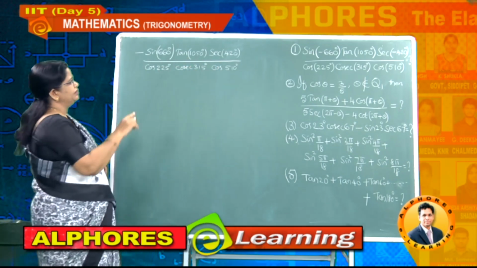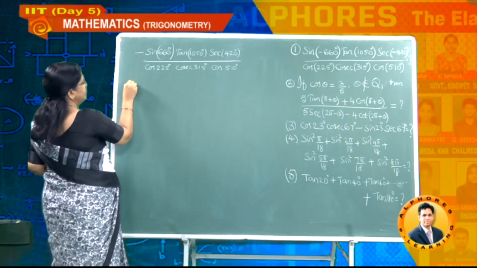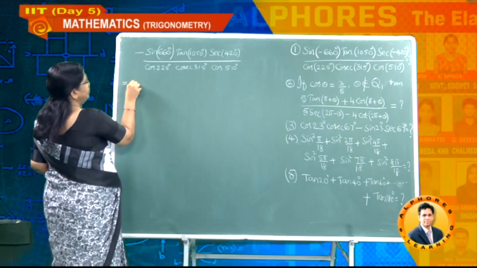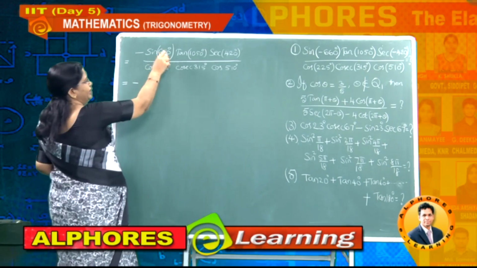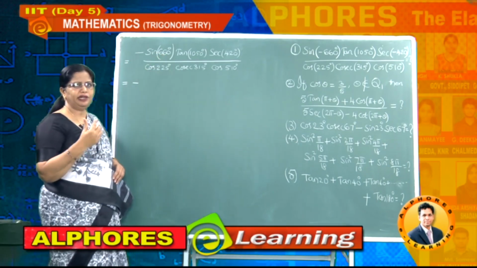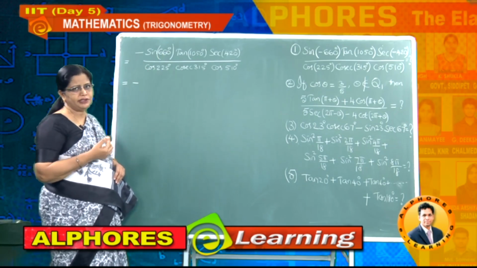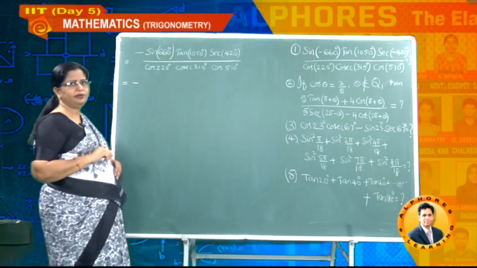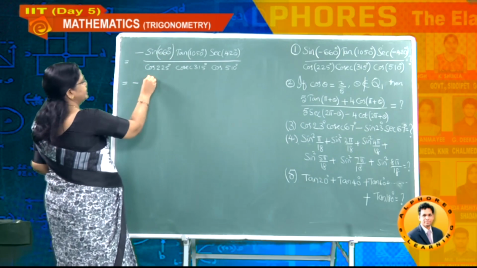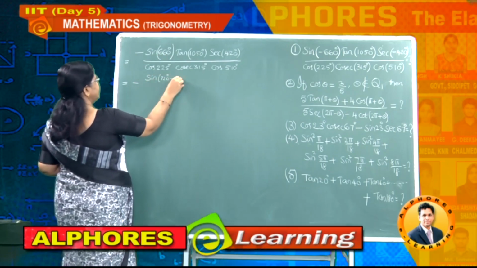Now this minus symbol is alone here, so let us keep that minus symbol as it is. This is equal to minus sine 660 degrees. It is nearer to which multiple of pi? That is obviously, you know, 720 degrees. So 720 degrees minus how much do I have to write now? 60 degrees. This is sine of 720 degrees minus 60 degrees.